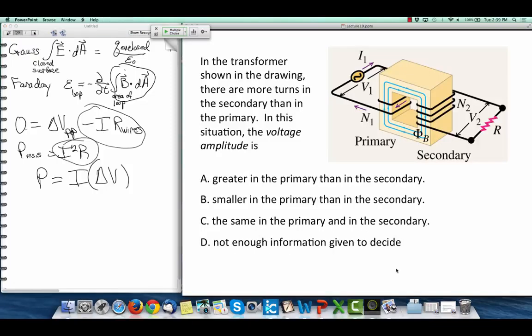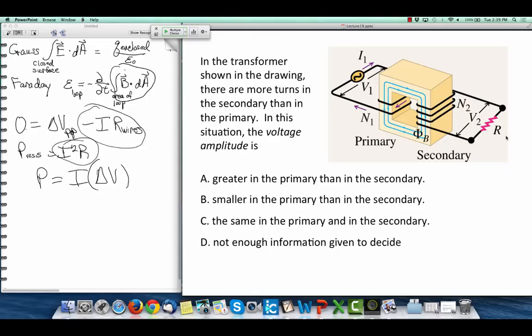Let me step back here. Suppose you have, so I mentioned this is a better way to talk about it. Here's a primary that has a small voltage, and the secondary has a big voltage.